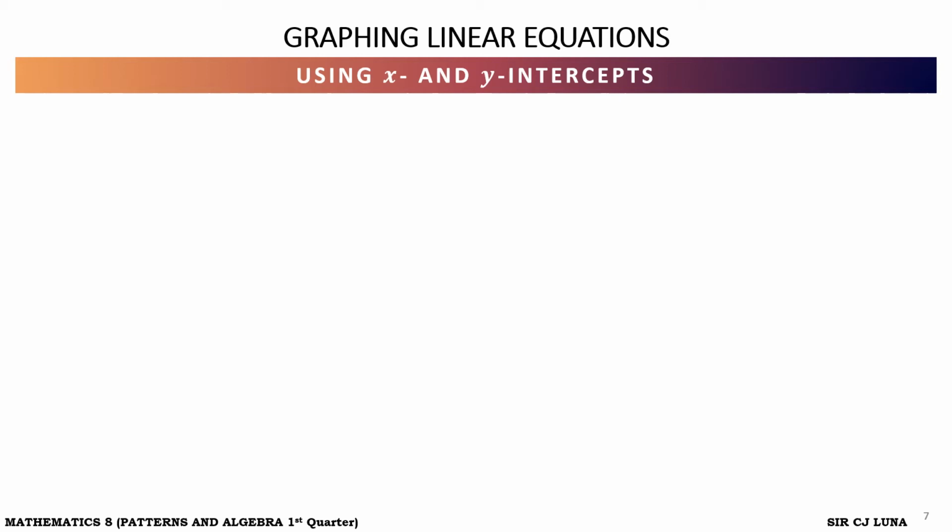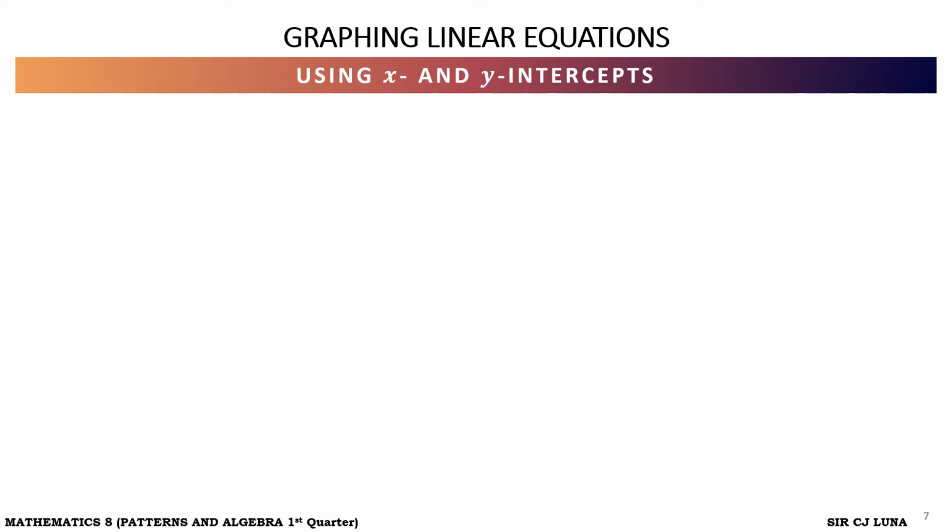Next, we will solve for the x-intercept. Gagawin natin 0 yung y naman para magkaroon tayo ng point na x, 0 or a, 0. Third step is we will plot the 2 points in our Cartesian plane. And lastly, we will connect the 2 points to form a straight line.